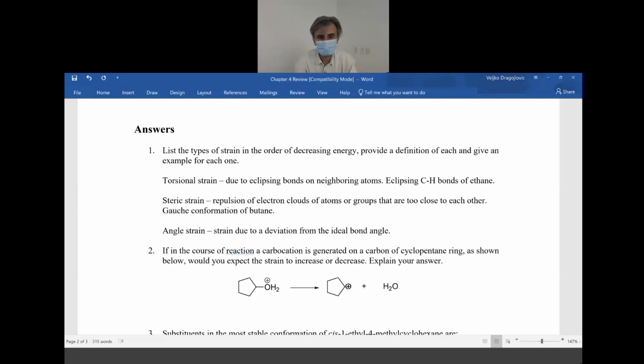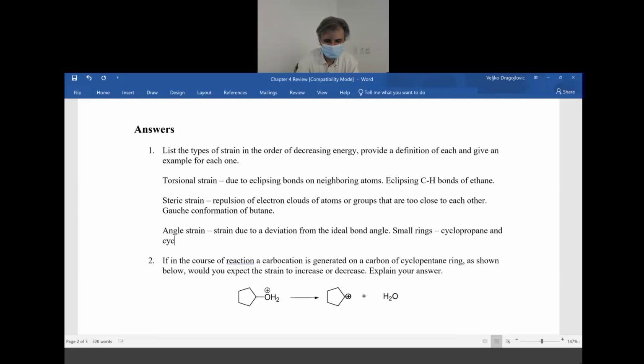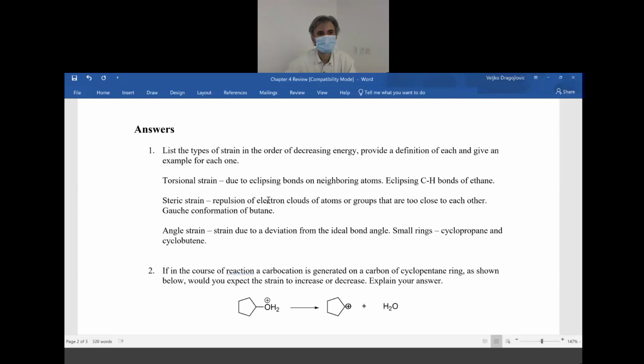Any species can most easily tolerate that type of strain. Good examples would be small rings, such as cyclopropane and cyclobutane. So this would be the answer to the first exercise.